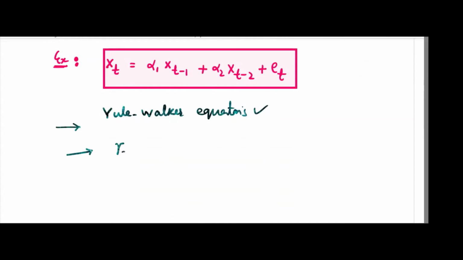See how I'm writing. Here anyway, we don't have gamma 3, gamma 2, gamma 1, then gamma naught. You write all the constants, alpha 1, alpha 2, in every place.